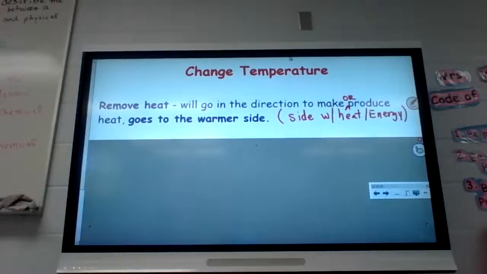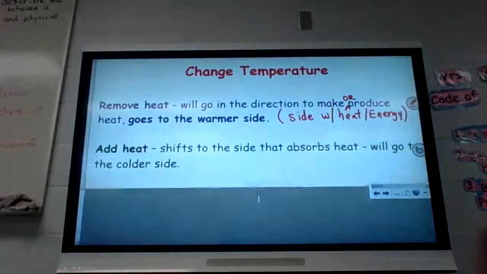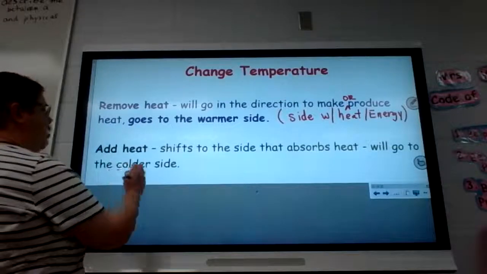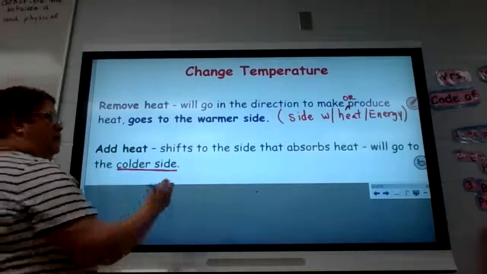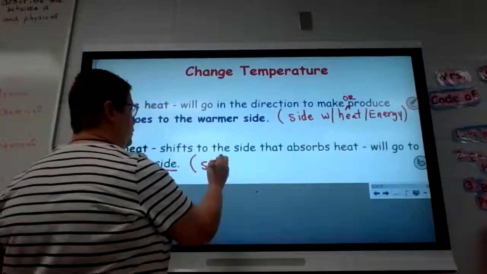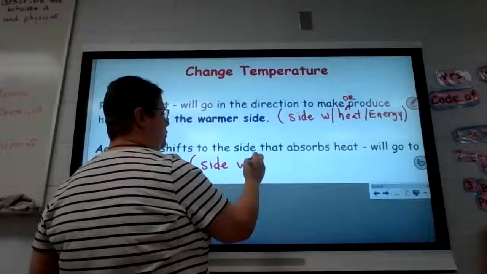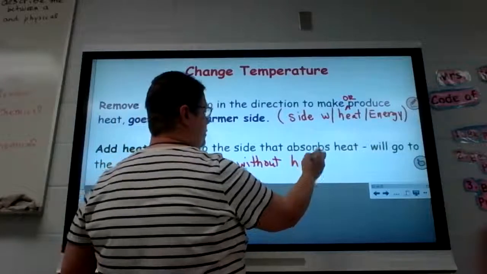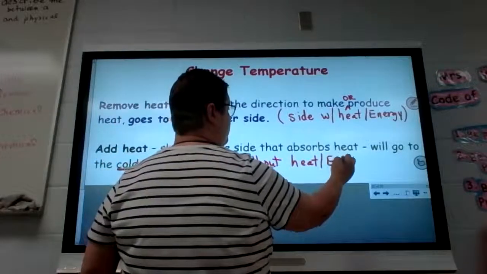So the flip side of the rule is, if you have to shift to the colder side, this will be the side without the heat or the energy.